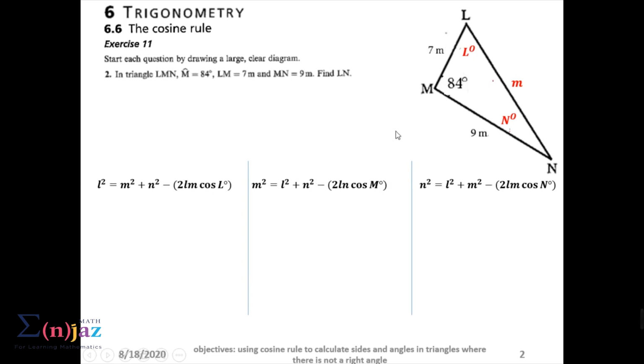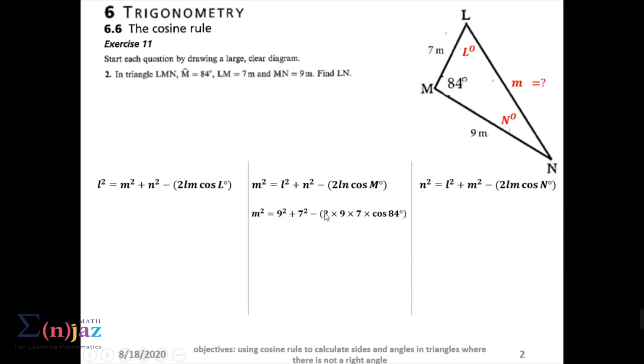Now, since we are finding side M, we don't need to substitute in the first or the last rules. We need the one in the middle. So let's substitute here, because M is my unknown. So M squared, L is equal to 9. So it's going to be 9 squared. And small n is equal to 7.